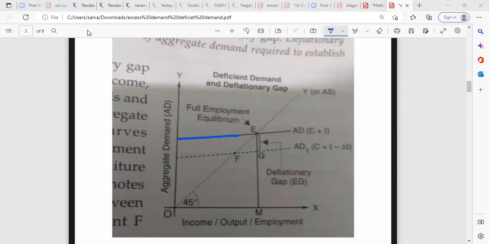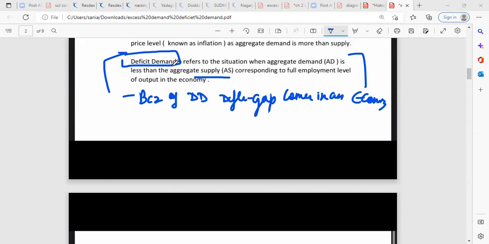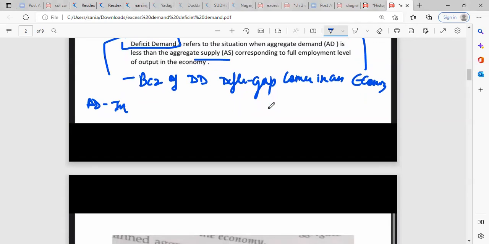Ma'am, can you repeat that sentence? Yes. It is because of deficit demand that deflationary gap comes in an economy. Because of excess demand, what was coming? Inflationary gap, right? And because of deficit demand, deflationary gap comes in an economy. Clear? Yes, ma'am.